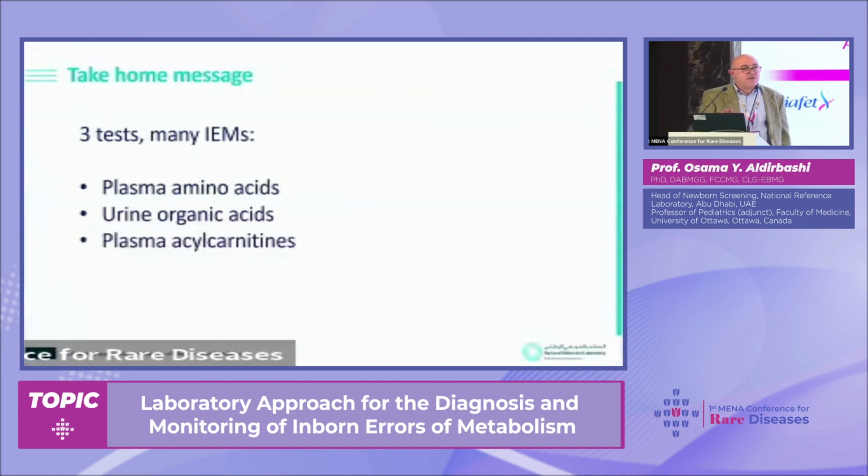So this is my last slide. What I just wanted to highlight in this presentation is that, yes, inborn errors of metabolism are an extensive group. They are overlapping, and they can rarely have a specific presentation. Usually it's always very overlapping and very non-specific.